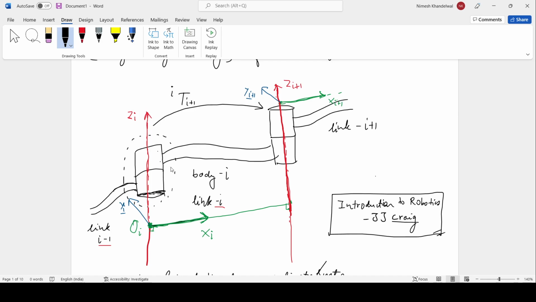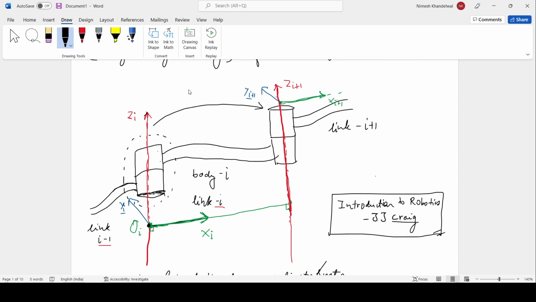When I talk about the transformation, let us not give indices for now.